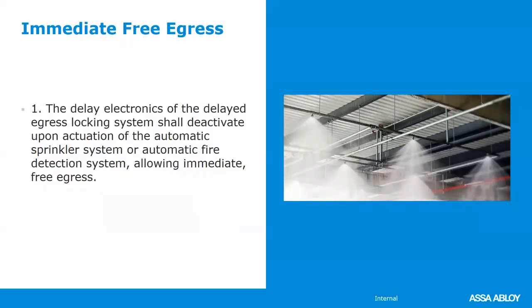Actuation of the system means water moving through the pipes of the sprinkler system, or smoke actually being detected by the smoke detection system, or fire that has been picked up by your fire detection system. But the manual pull station is not actuation of any of this. Manual pull stations, by and large, will not unlock delayed egress. It has to be actuation of the system.